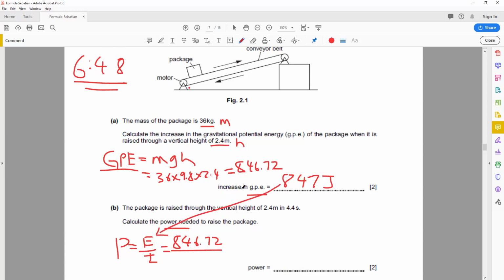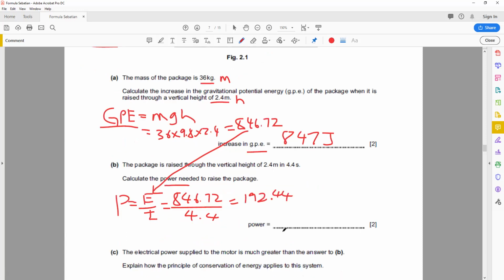You're actually supposed to use the raw number here that carries it forward. Divide by the time of 4.4, then you're going to get 192.44. But if you write it in 3 significant figures, it'll be 192 watts onto the dotted line here. Yes.